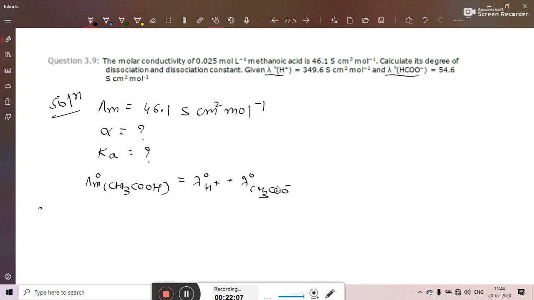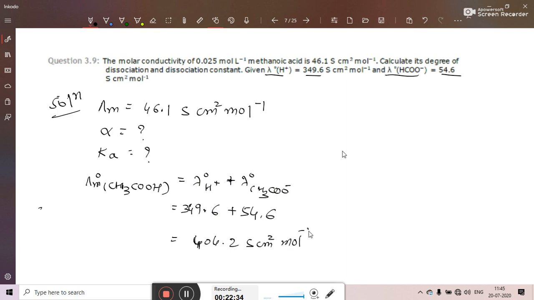So when you add the values, lambda naught of H+ is 349.6 and lambda naught of acetate ion is 54.6. So our answer will be 404.2 Siemens centimeter square mole inverse.